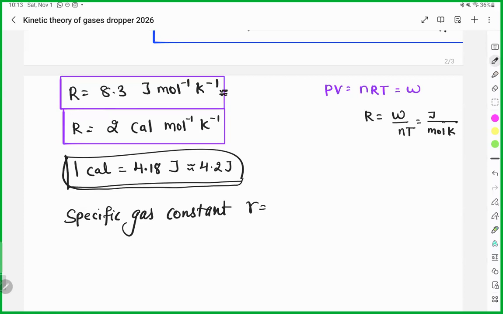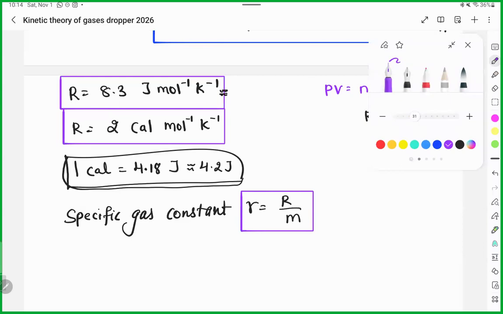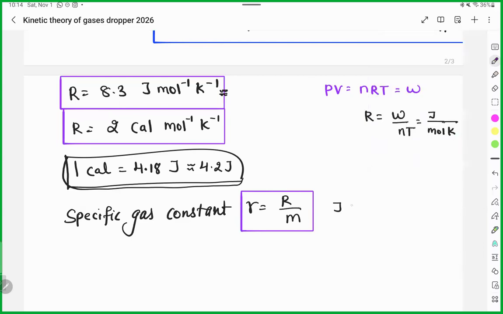You have to tell the formula? Yes, yes, R by M. R by M. Yes, this is really important. Formula is R by M. So, Arpit, what should be the unit? Joule per kg per Kelvin. Correct. This will be the unit of specific gas constant.